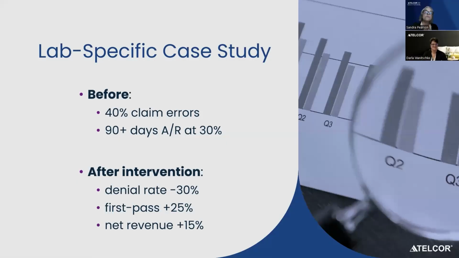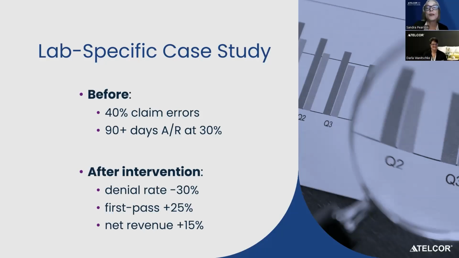So a lab-specific case study. This is one of those that shall always remain anonymous examples. But we did a gap analysis and we found that what we thought were clean claims, 40% of those claims going out had errors.